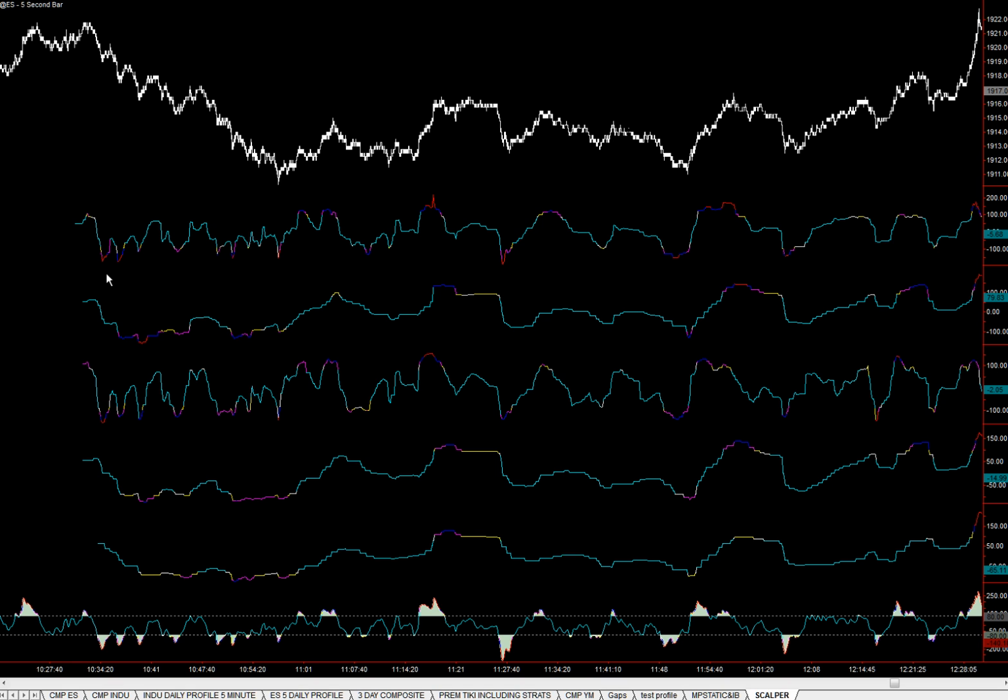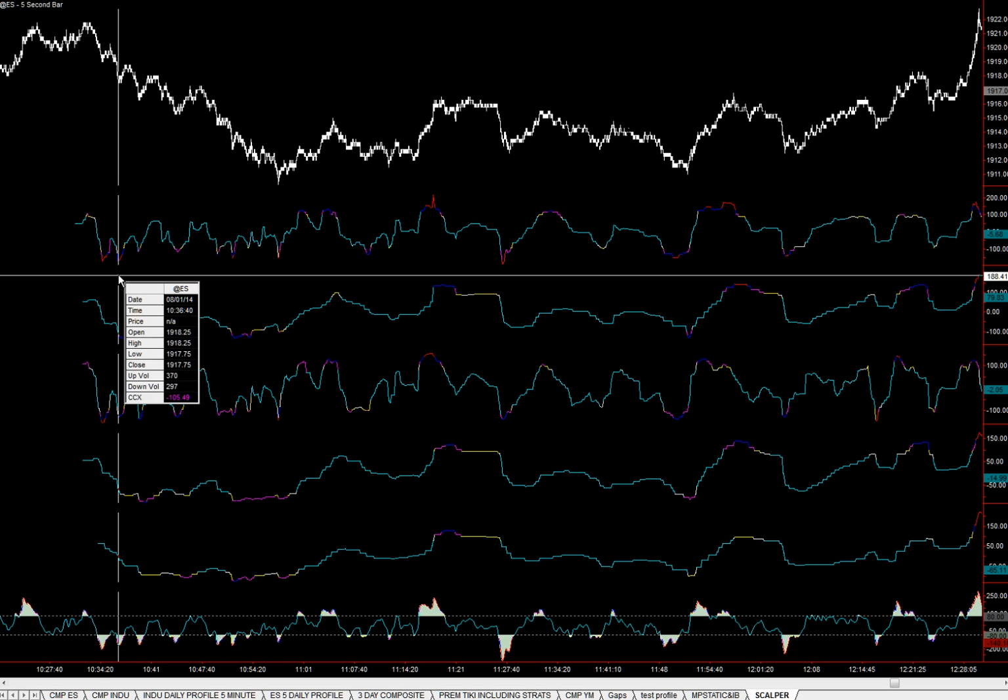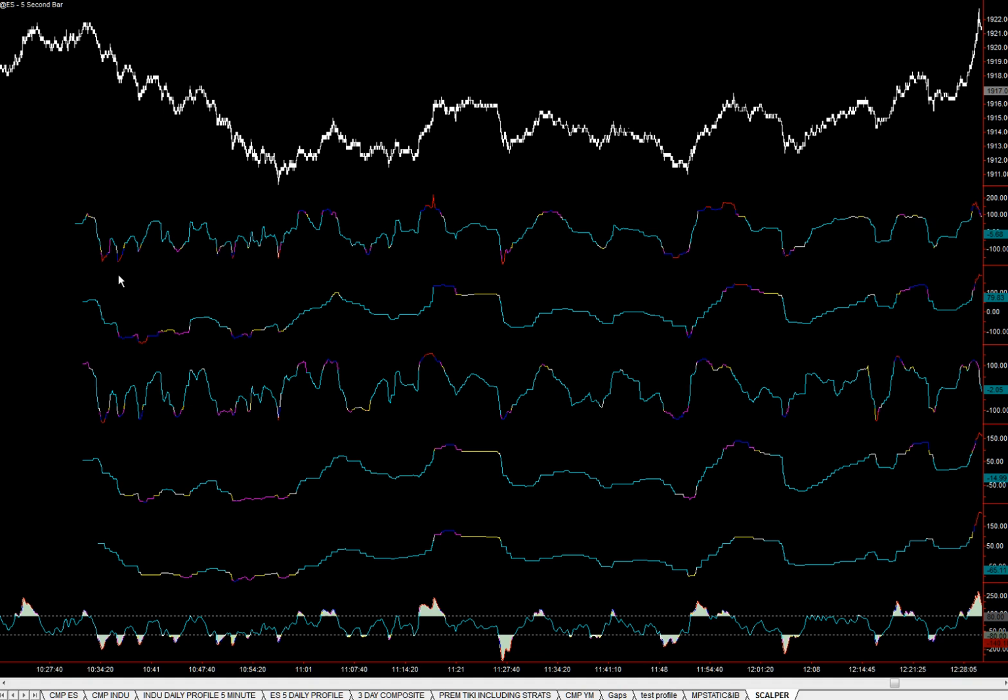We're going to point our arrow right here. This is the first instance where we have an oversold condition in this subgraph as well as in this subgraph. This one is briefly turned red, whereas the other one is blue. Those are key colors on this indicator.